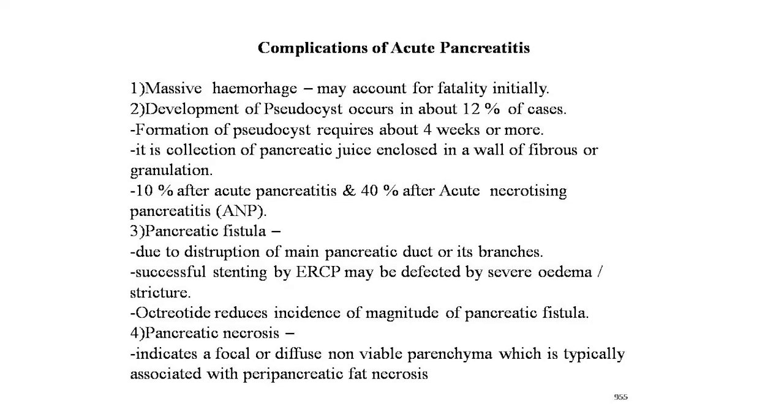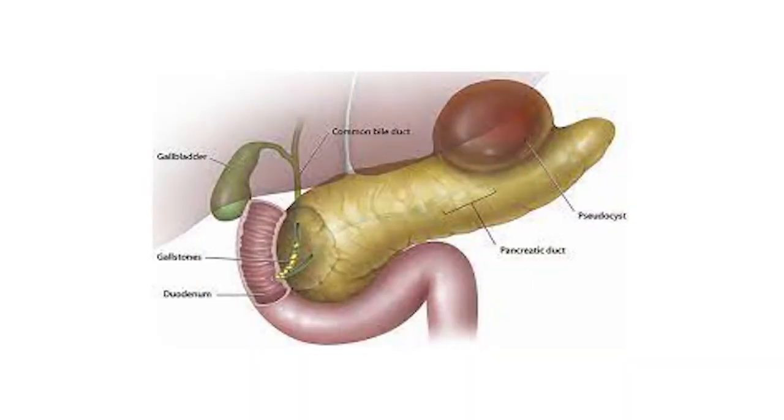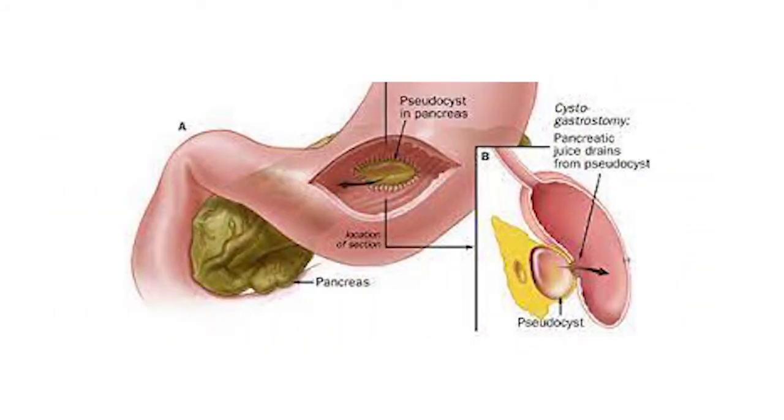Dear students, you can see on your screen an image of the development of a pseudocyst. This is the image on the CT scan, and next is the image of pancreatic obstruction due to stones, and next is the pseudocyst in the pancreas. You can see the anterior wall of the stomach is open.